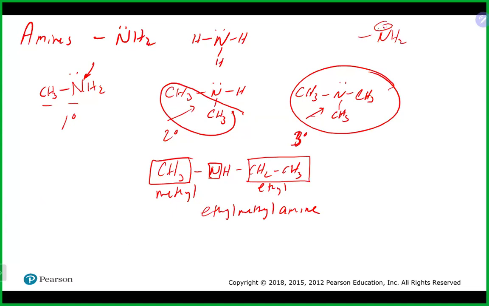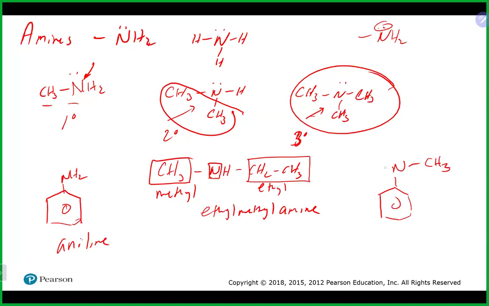We also talked about our friend, an amine on a benzene ring, which is known as aniline. And that again is sort of that historical name. We also saw that if we do have some groups that are attached, not necessarily to a carbon, but attached here to the nitrogen, we do not use numbers.